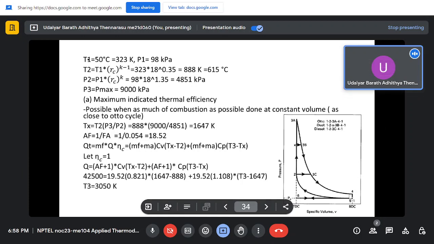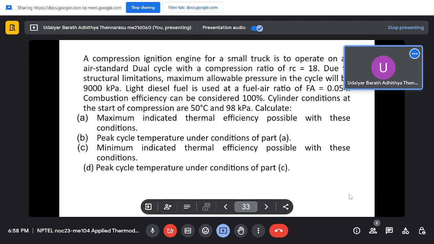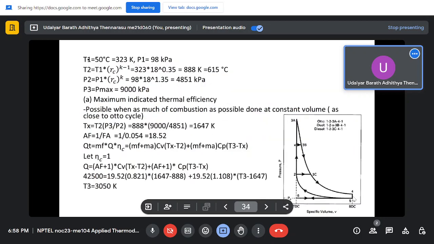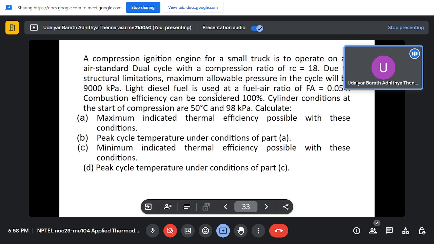So we have state 1, which is already given as 50 degrees Celsius and 98 kilopascal. State 1 is known, and from 1, the compression ratio is known, so we can find state 2. So state 2 is known. Now the process in which the heat is added determines whether the efficiency will be maximum or minimum.